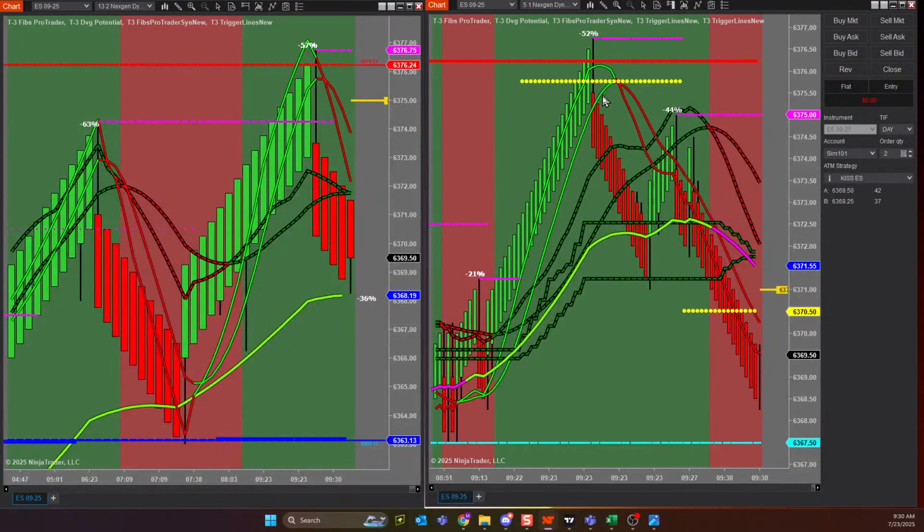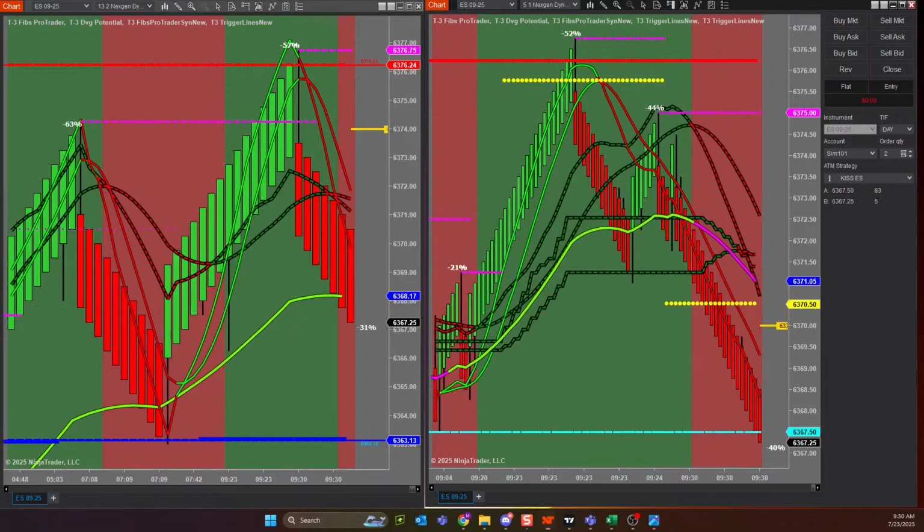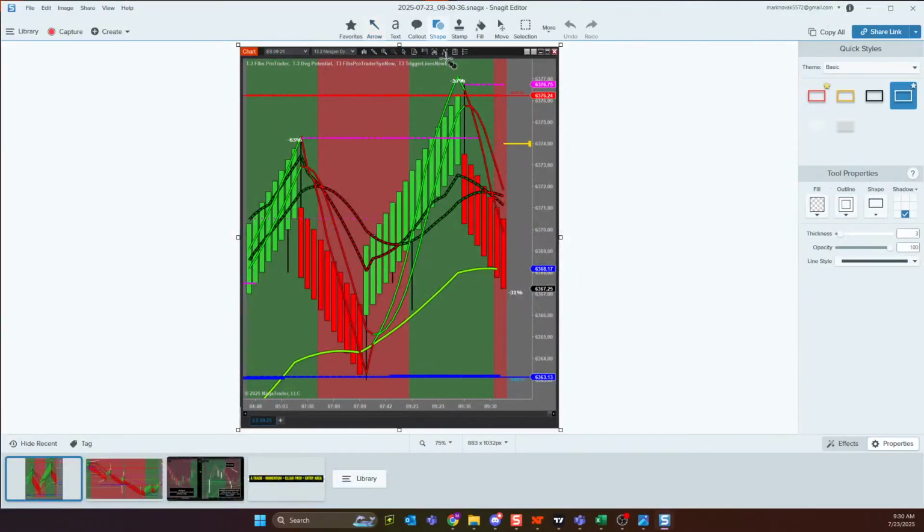Does everybody see the reaction off of Fibonacci? No reason to take a pullback to an area inside of triggers. Ladies and gentlemen, this market has absolutely nowhere to run. Does that make sense? Newer users, you guys on NinjaTrader, welcome to Nexgen. You now have the ability and a couple rules to know exactly where the market may turn.